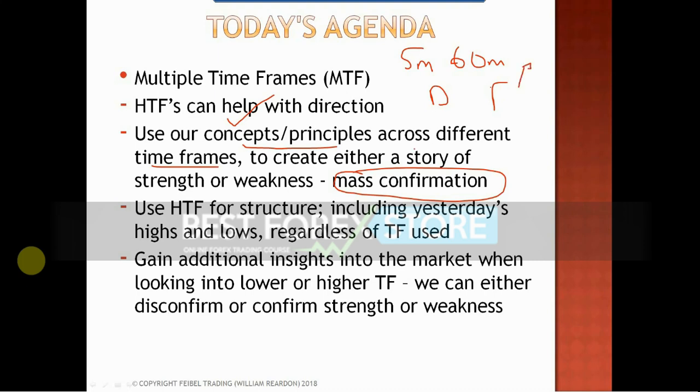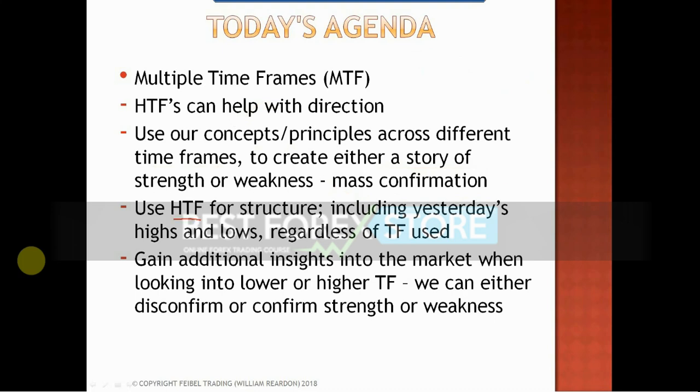Agreed? This is what I mean by mass confirmation. We are increasing our odds of success on our setups. We will go through studies today highlighting this incredible, powerful advantage of using multiple time frames.